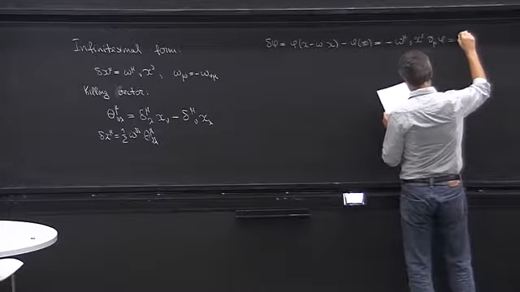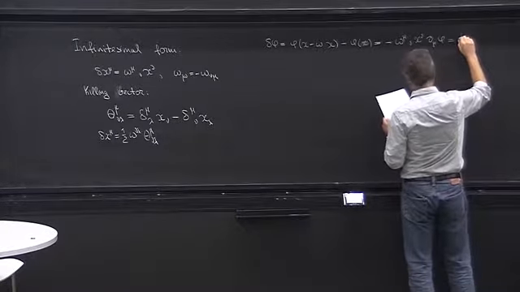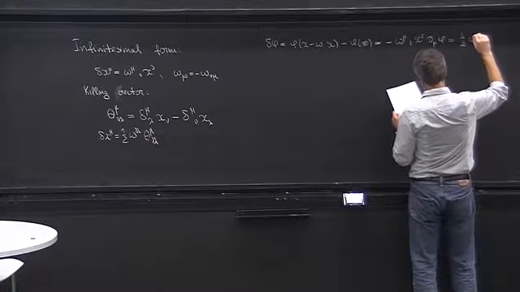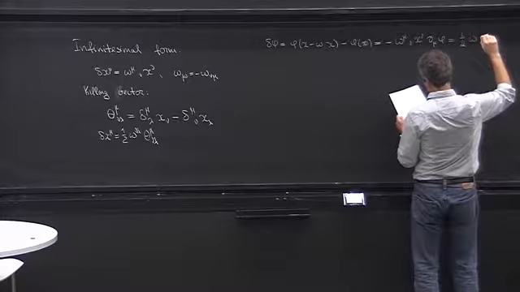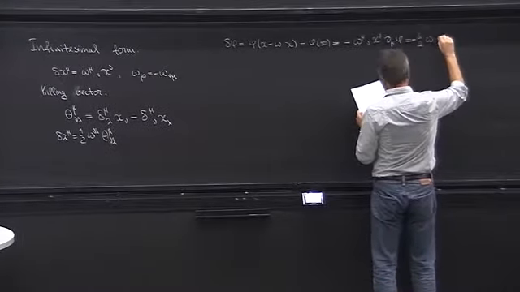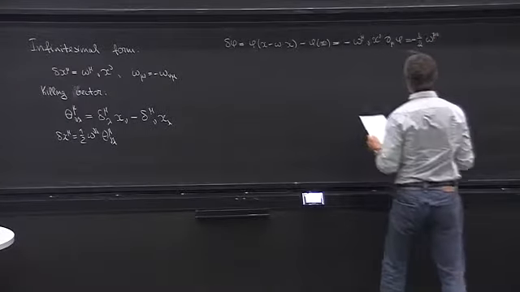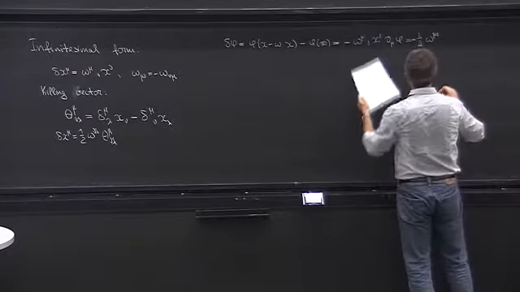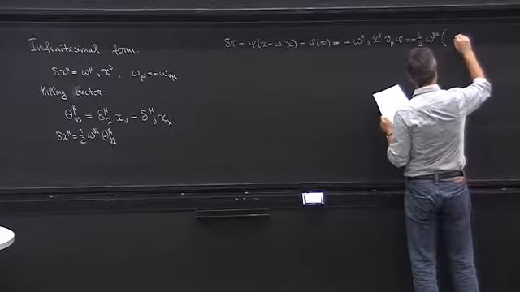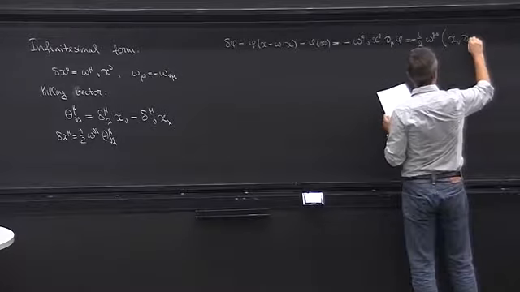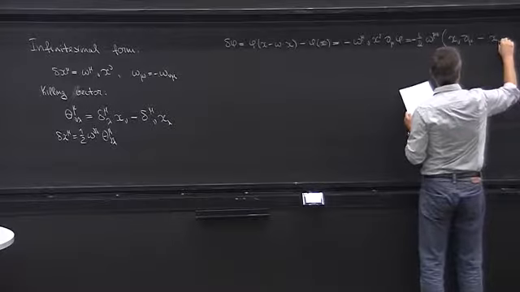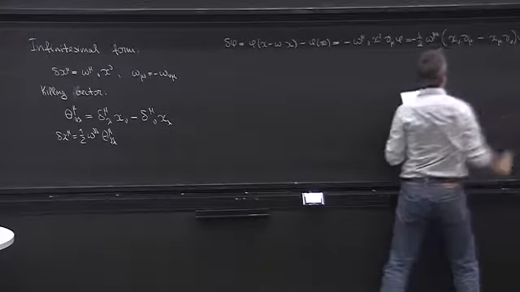and that we can write as 1/2 omega mu nu, minus 1/2 omega mu nu, so just raising the indices and using antisymmetry of omega, to write it this way.